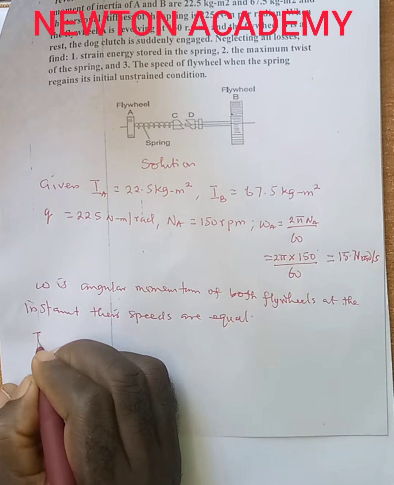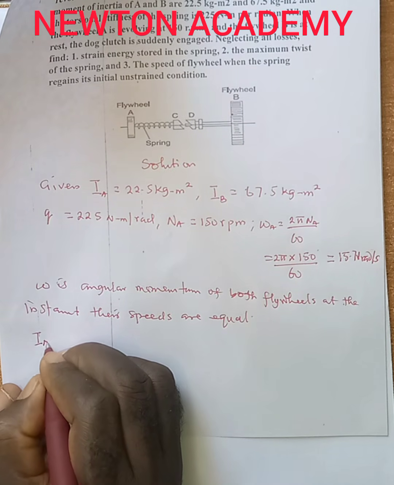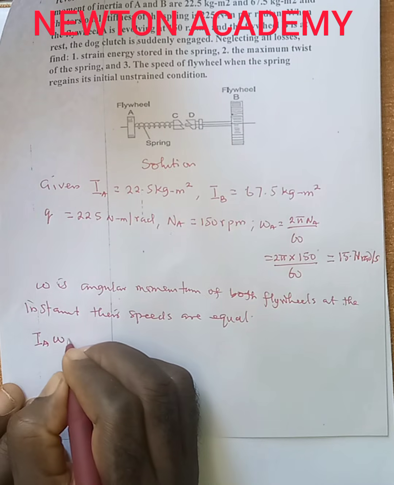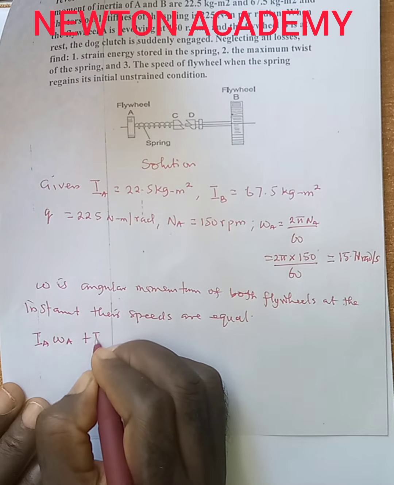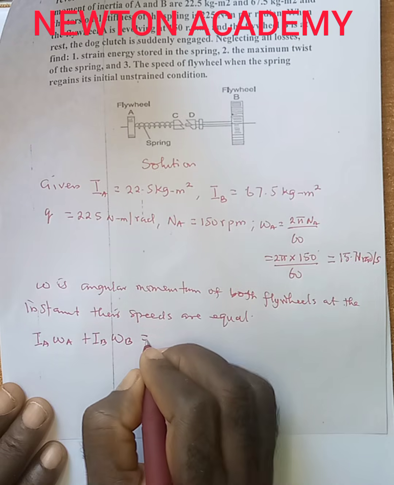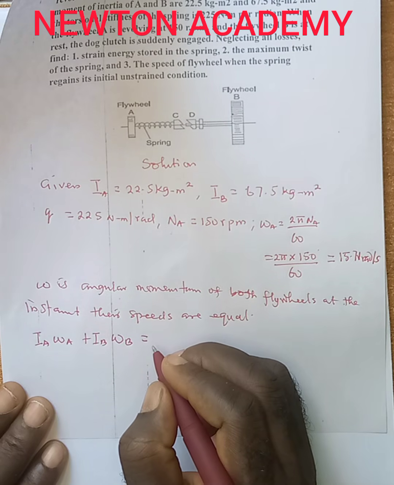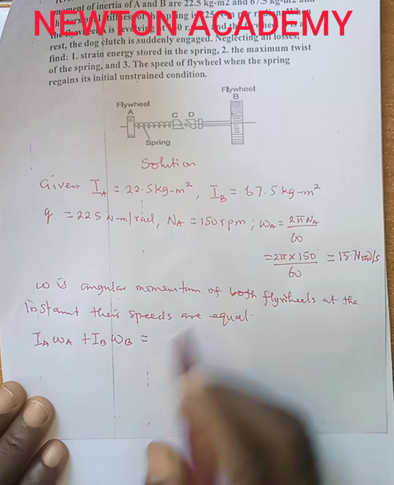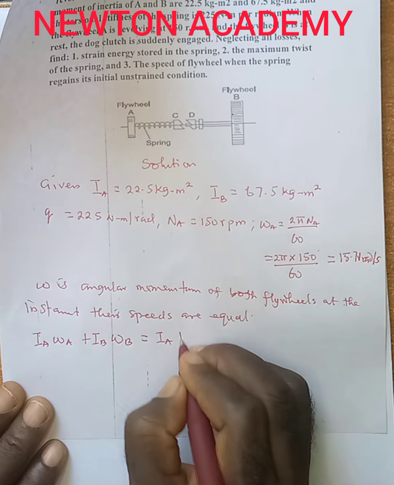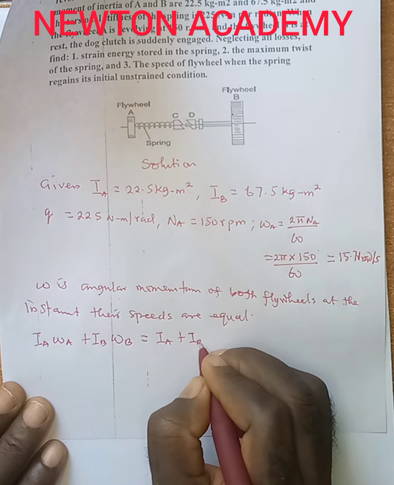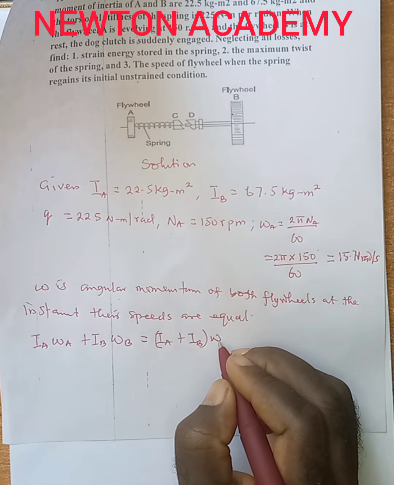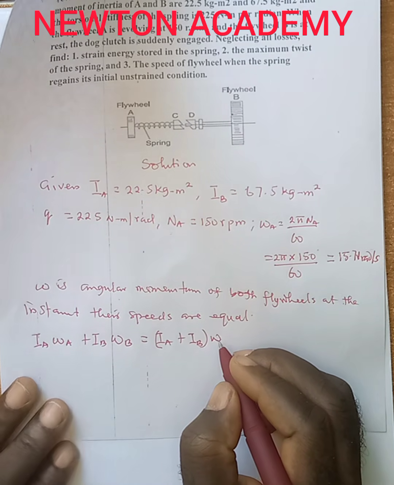We have IA omega A plus IB omega B, which is equal to, since they move off with the same angular velocity, IA plus IB multiplied by their common angular velocity.